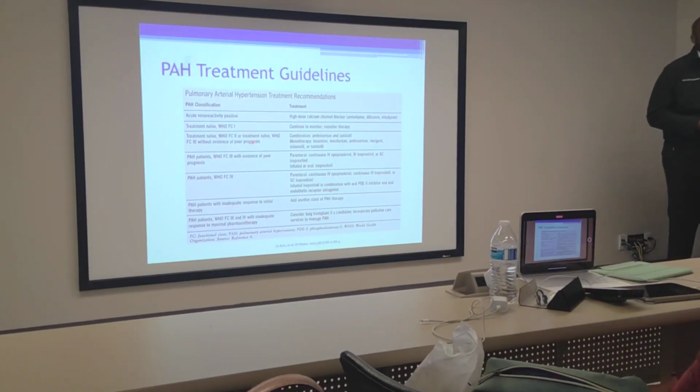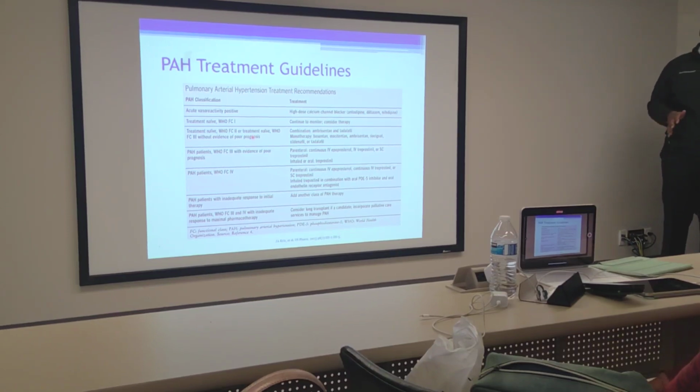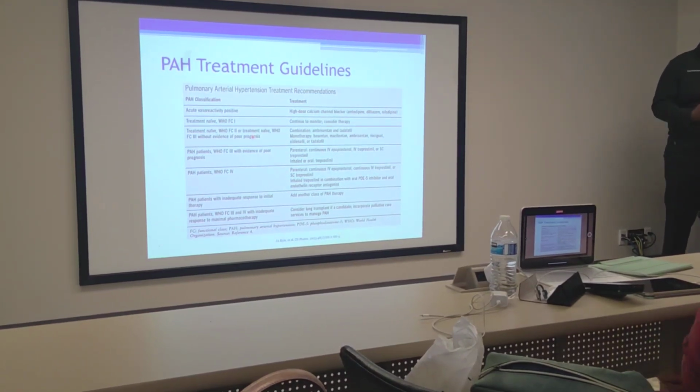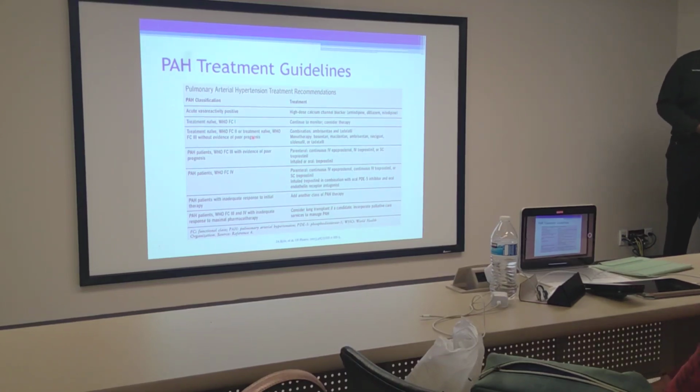At that point, these are the ones where we max out everything. We try our best with these patients. These are the end-stage patients. So we start thinking about lung transplant to see if they're a candidate, and then we start thinking about palliative care, because at this point their chance of passing away is very much imminent.